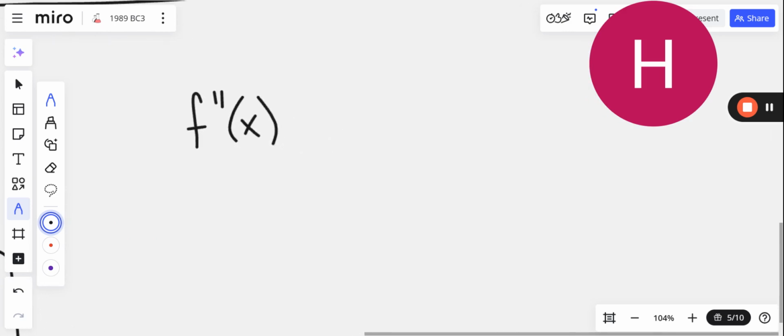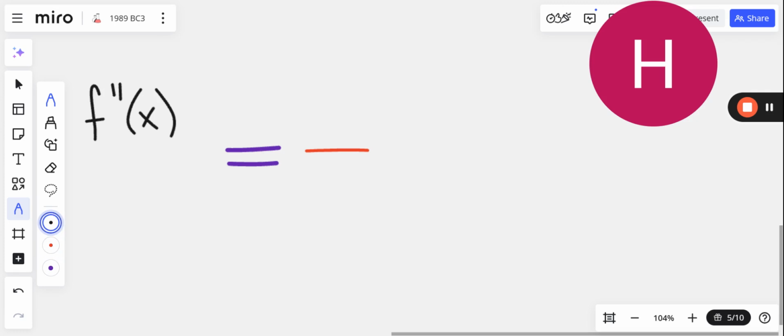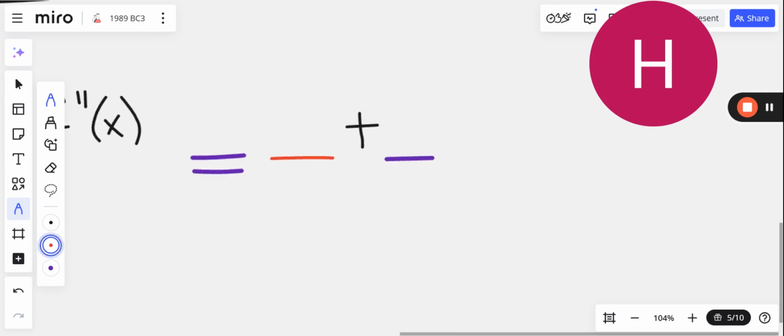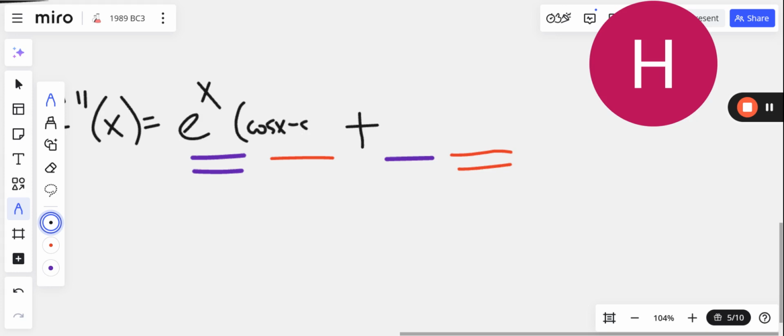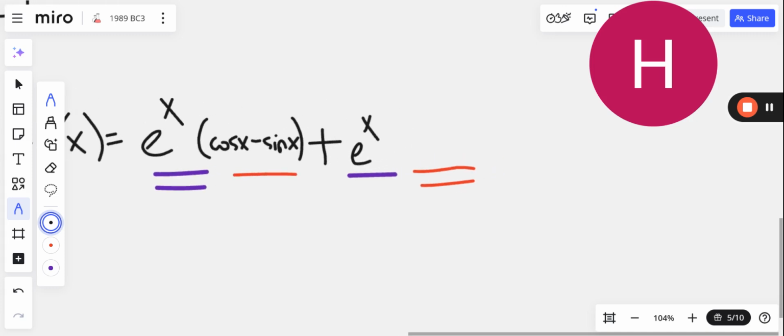F double prime, we're going to do the derivative of the first piece times the regular second piece plus regular first piece times the derivative of the second piece. So e to the x, and then the cosine minus sine stays the same, plus the original function, e to the x. Remember, e is its own derivative. It's very nice to work with.